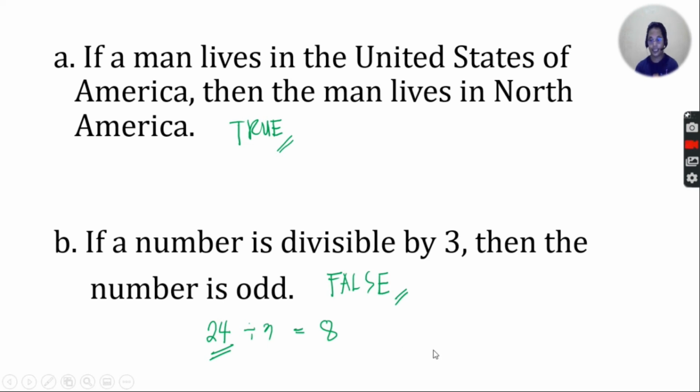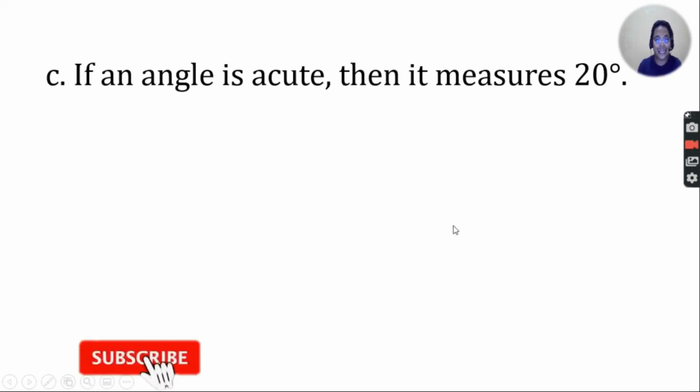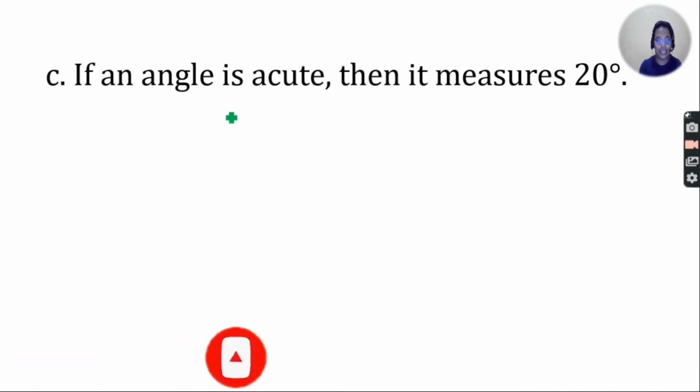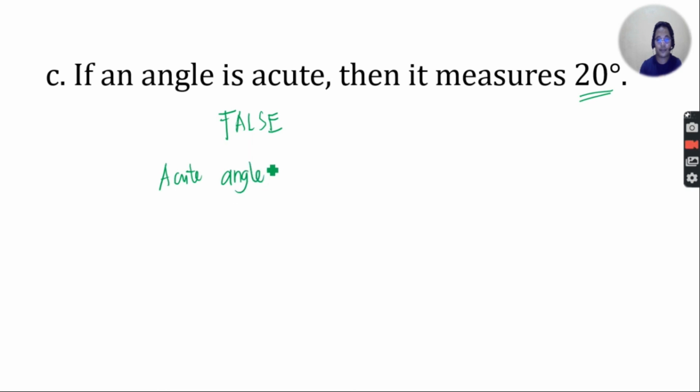Yun po. Next. If an angle is acute, then it measures 20 degrees. So, this conditional statement is false. 20 lang po ba yung pwedeng maging measure ng ating acute angle? So, di ba pag sinabi nating acute, ang measure po niya ay between 0 to 90 degrees.